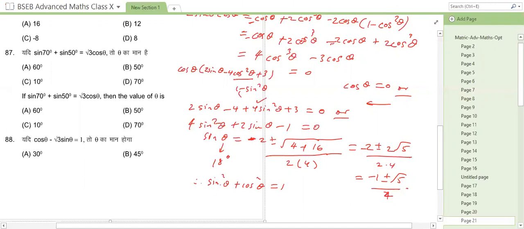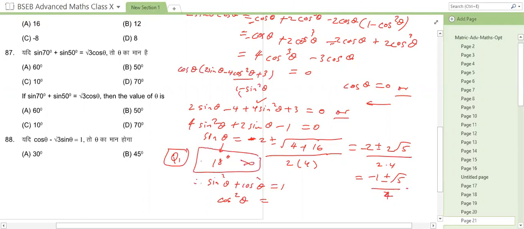Now using this identity, we can recover cos of 18 degrees. So cos squared theta is equal to, oh yes, sine of 18 degrees is in quadrant 1, so it should be positive. Sine of 18 should be greater than 0. So the answer should be minus 1 plus √5 over 4.